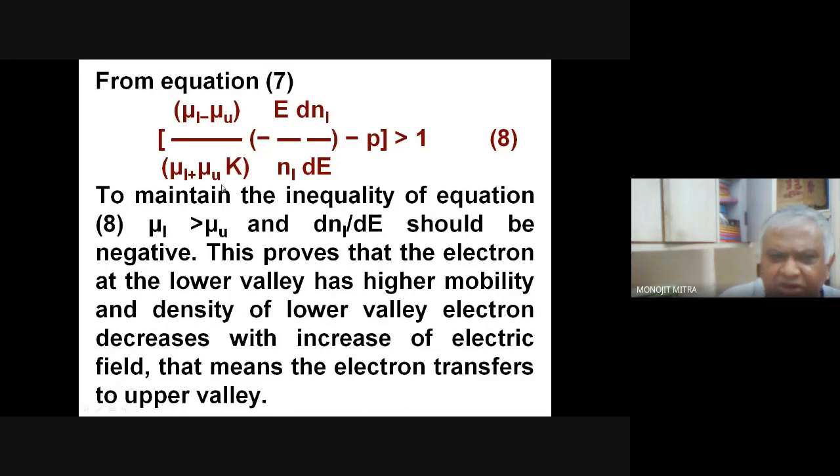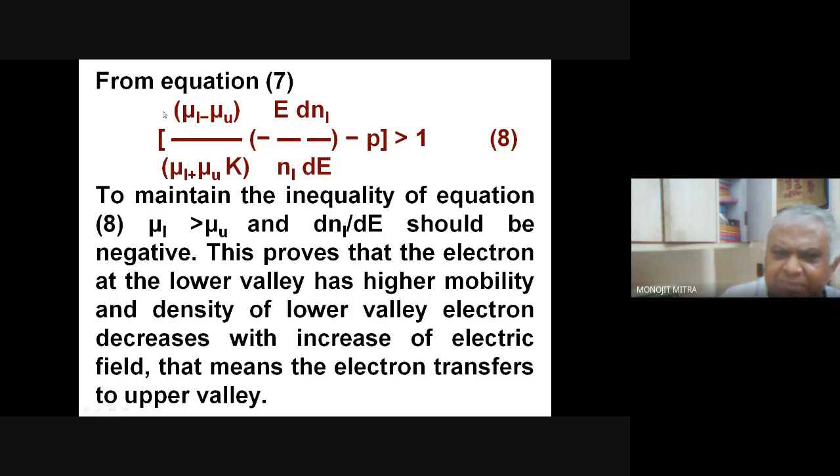See, in order to make this thing positive, what are the necessary conditions required? So I already told you that if mu U is less than mu L, then it can be positive. Otherwise, if mu U is greater than mu L, then a negative sign will come here.